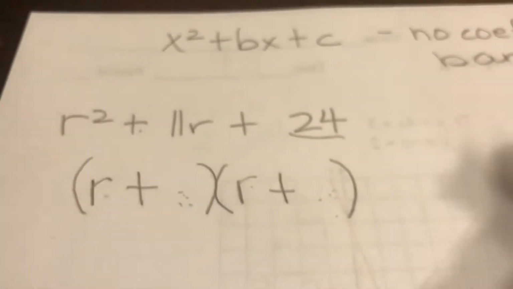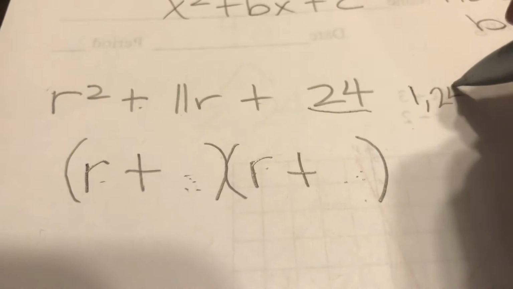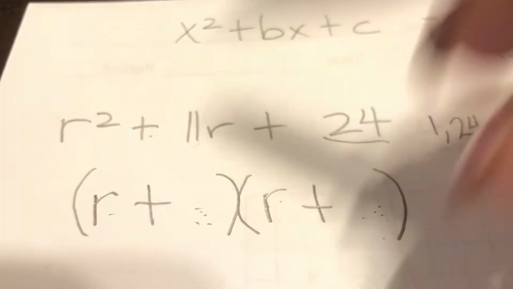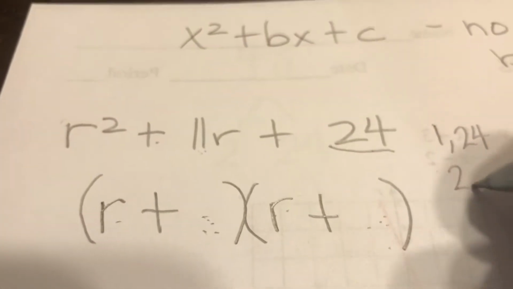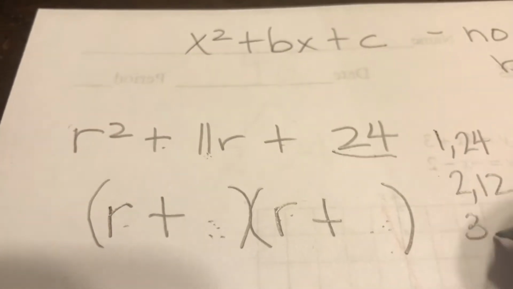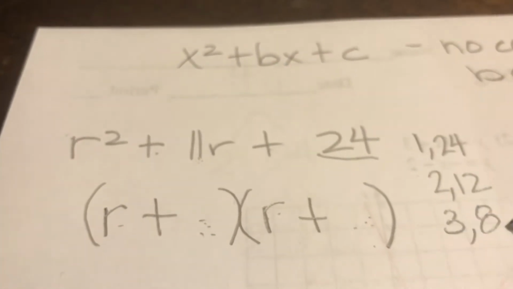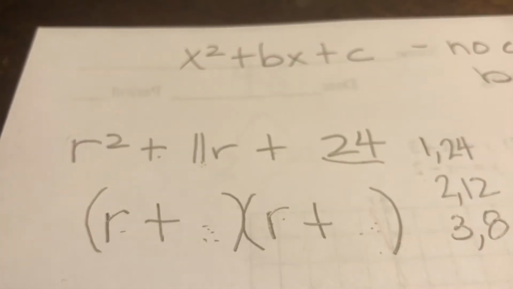So if I think about the factors of 24, I have 1 and 24. Well, that's not going to add up to give me 11. Then I have 2 and 12. Well, that's not going to add up to give me 11. I have 3 and 8. That's going to add to give me 11, because 3 plus 8 gives you 11.